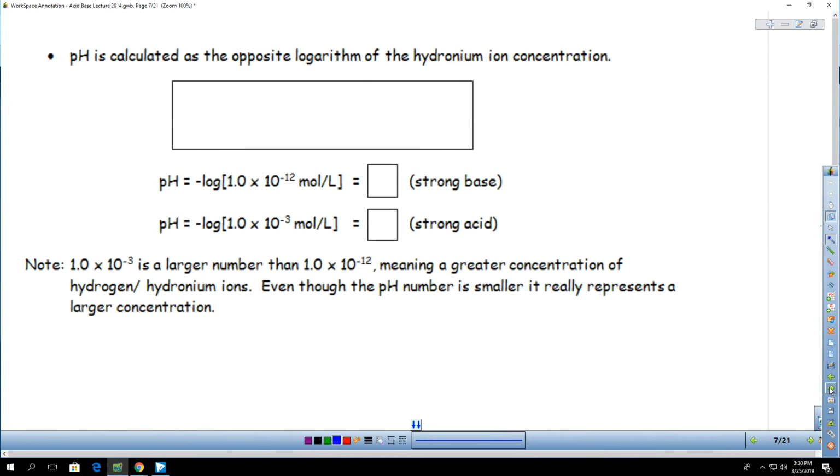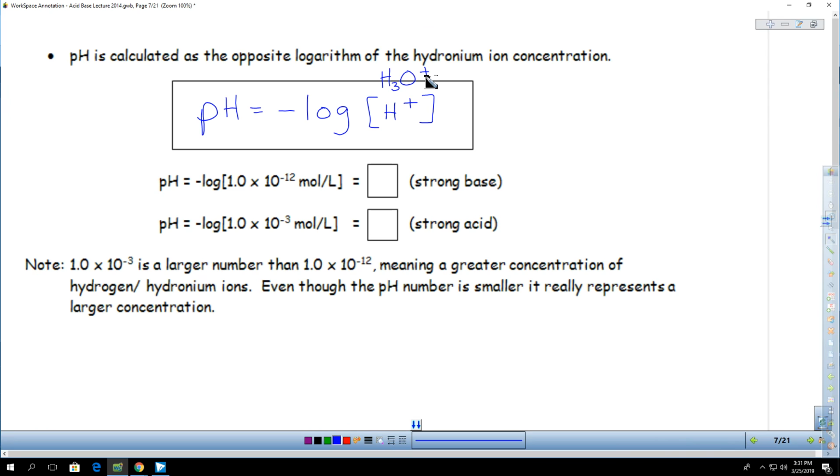It's going to look like this. To calculate pH, we'll use an equation. pH equals the opposite log of the hydrogen or hydronium ion concentration. You might see it written either way, H+ or H3O+. They're the same thing.